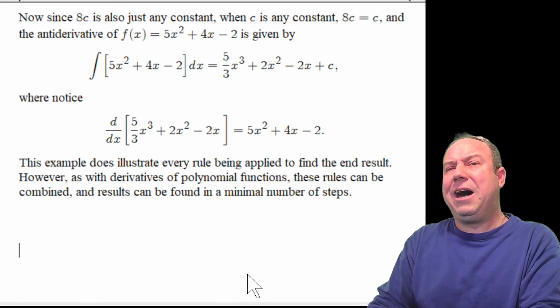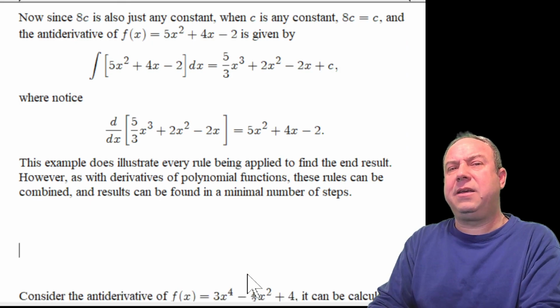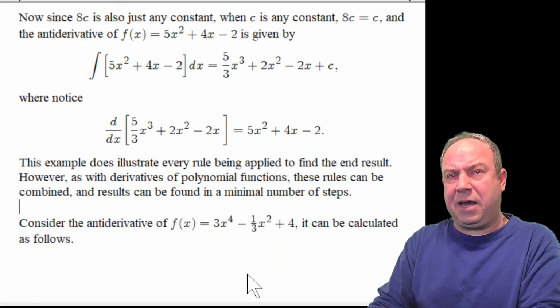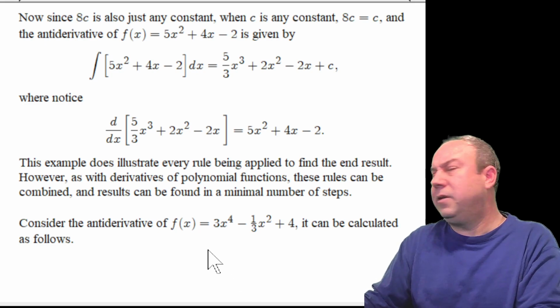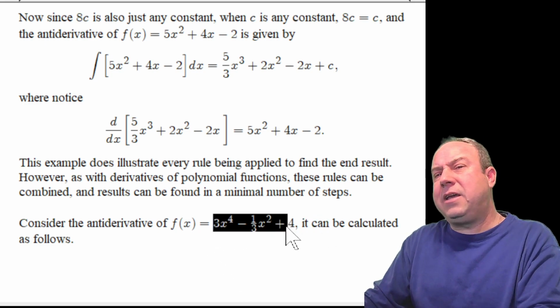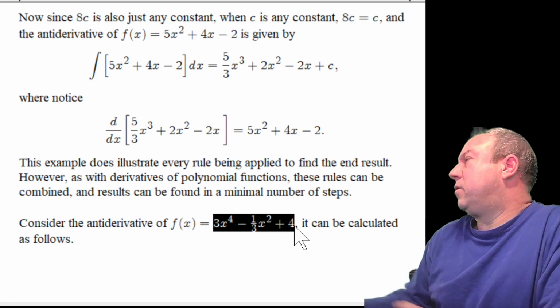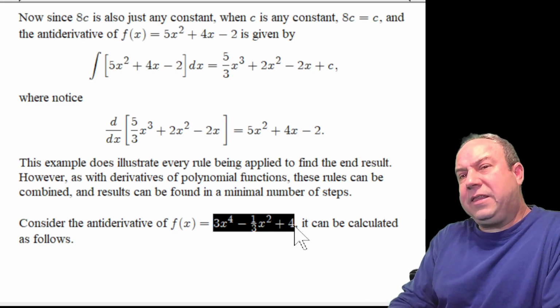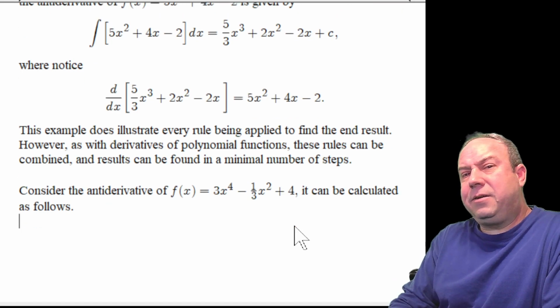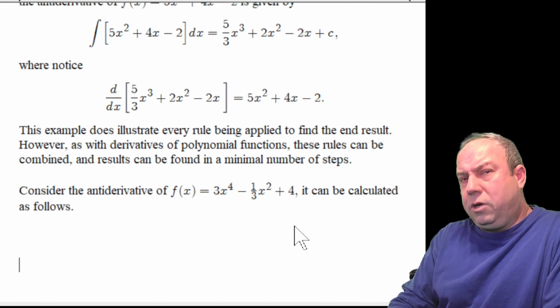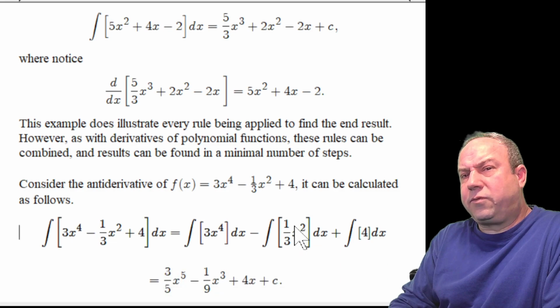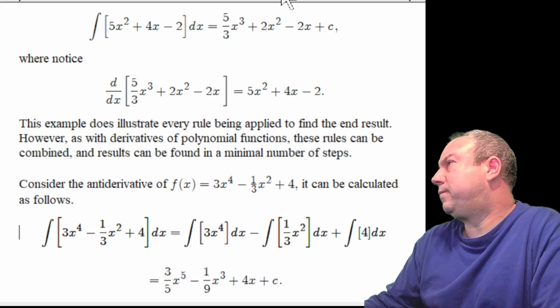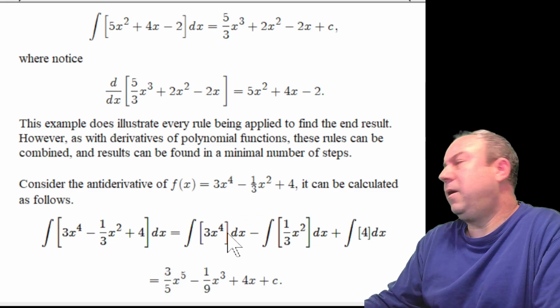All right. If we consider applying that in a relatively quick manner to another function, polynomial, we might say here we have 3x to the 4th minus 1/3 x squared plus 4. Well, if we find the antiderivative of that, we could apply those 3 rules from above rather quickly. Right?